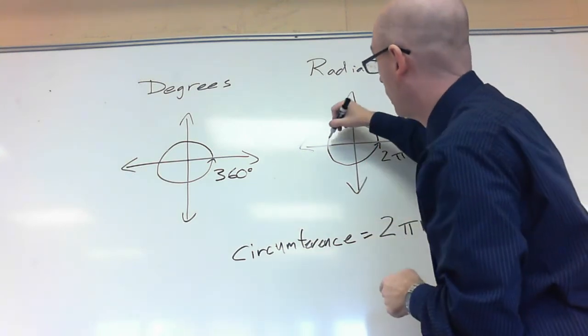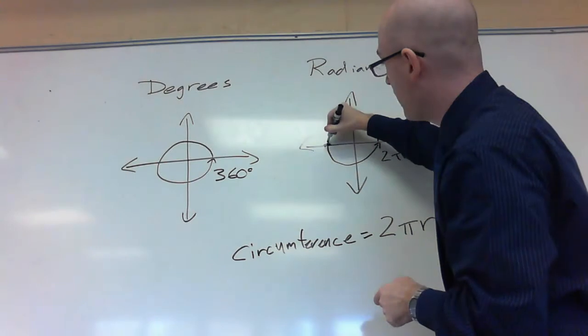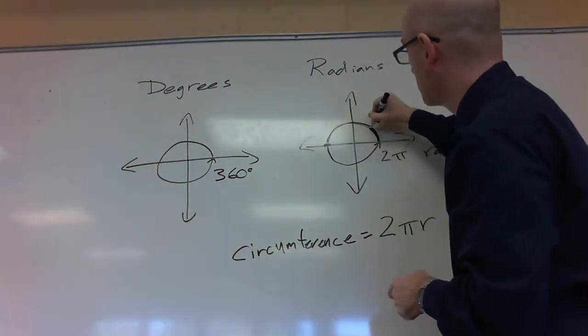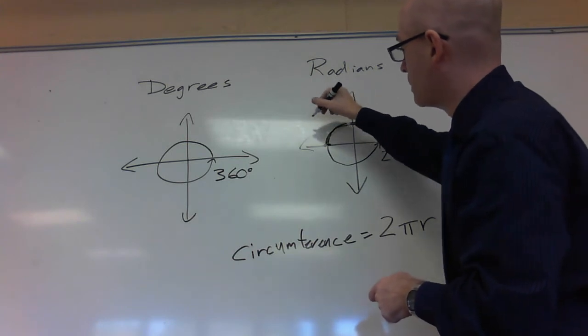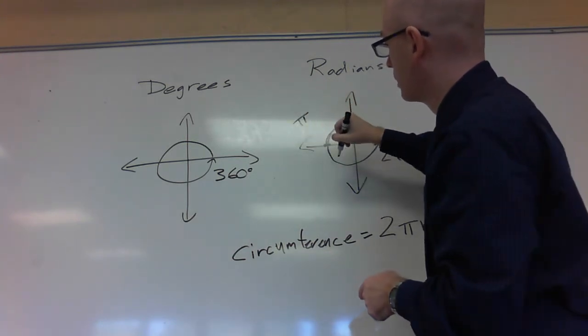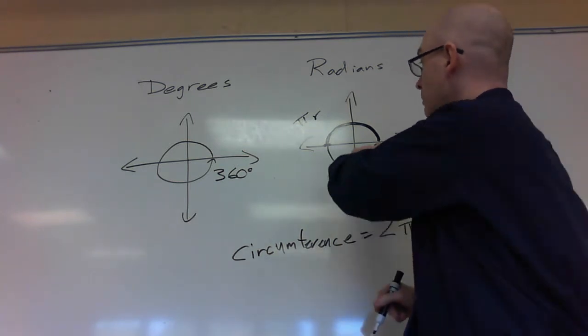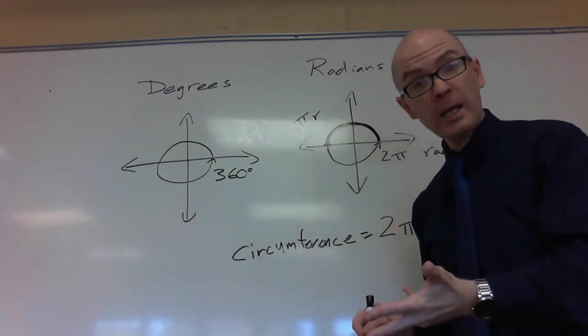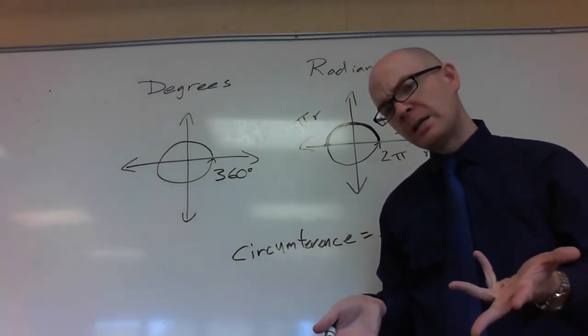So if I go right here, the length of this arc would just be pi times the radius. Okay, if we're looking to measure that. But in terms of radians, we really already know that we're working with a radius.